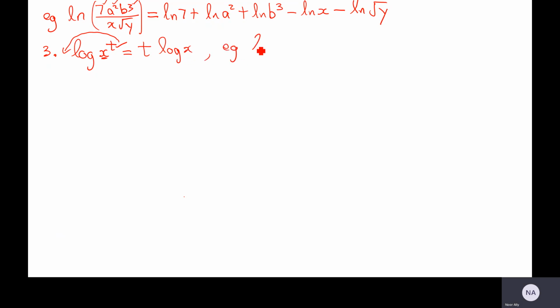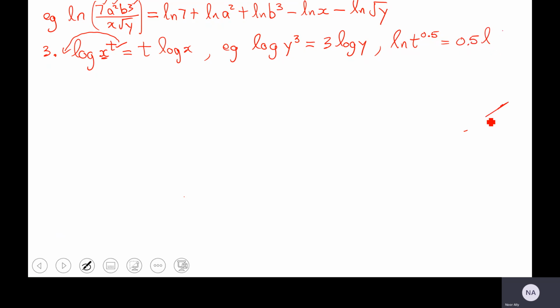So for example, if I say log of y cubed, how can I write that? 3 log of y. Yes, I can go on and on and on. What is the ln of t to the power 0.5? Yes, 0.5 ln of t.